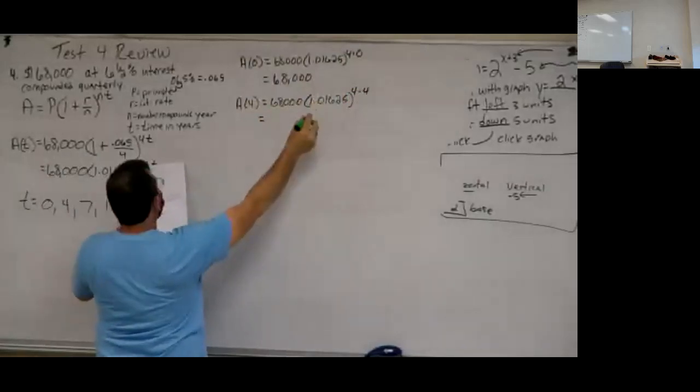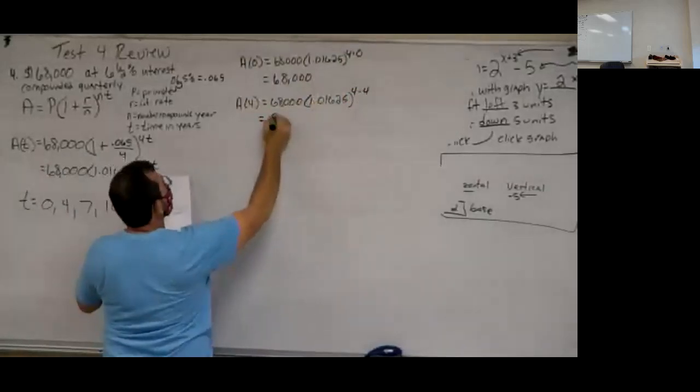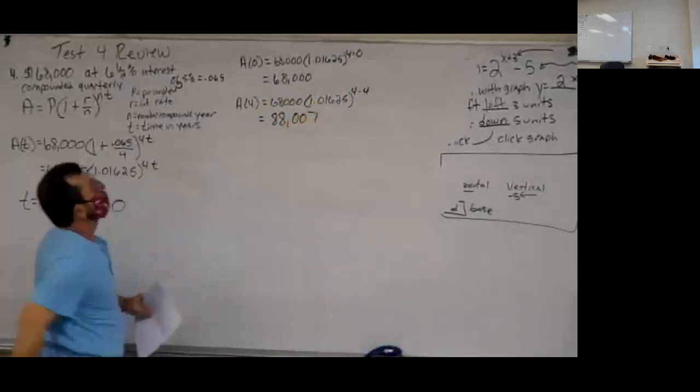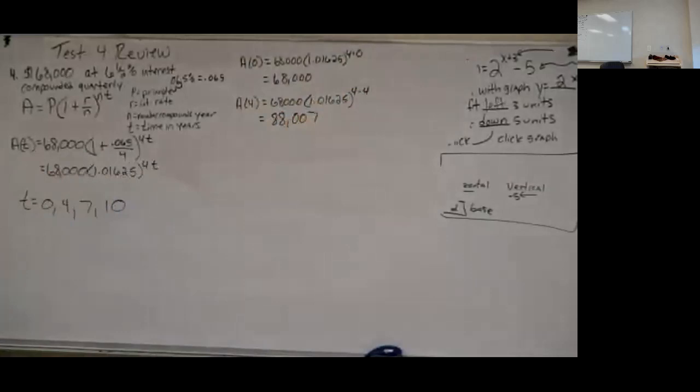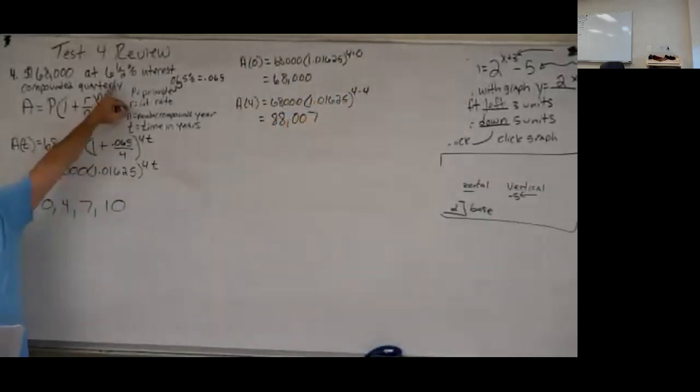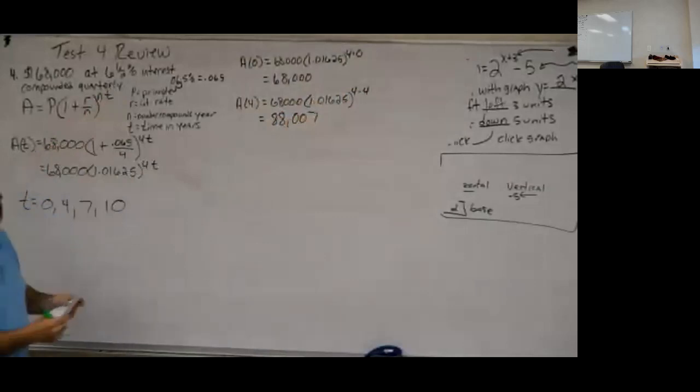Pushing that in the calculator, you should get $88,007. Which means after 4 years, they made pretty much $20,000, okay? But you know why? Because that's a pretty high interest rate at that 6.5, okay?